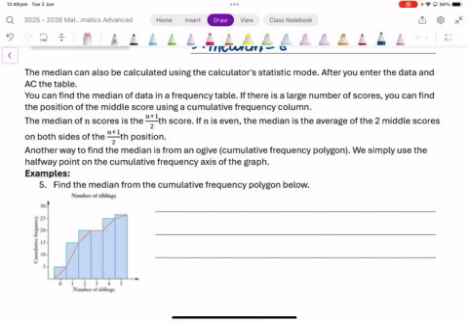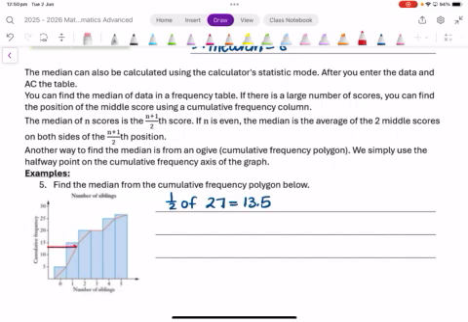So we have to work out what half of 27 is, and half of 27 is 13.5. So what we do is we draw a nice straight line going across at 13.5, until we hit our ogive or our polygon, 13.5, that's down here.